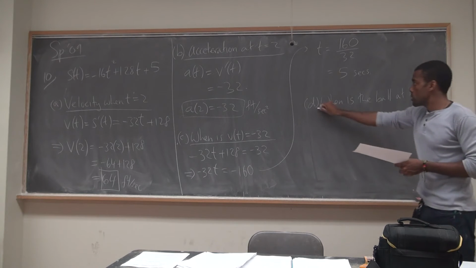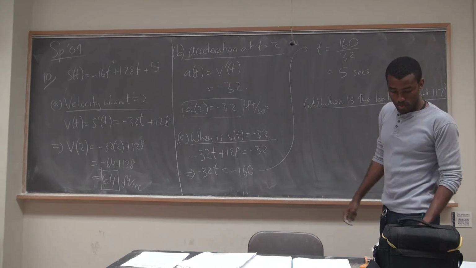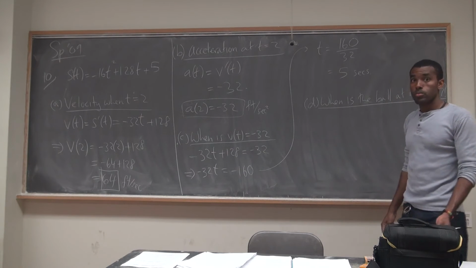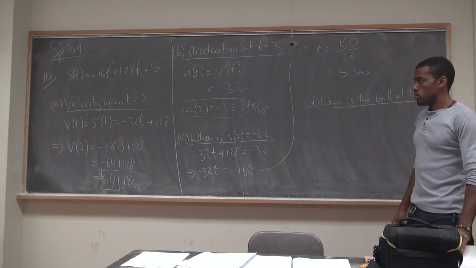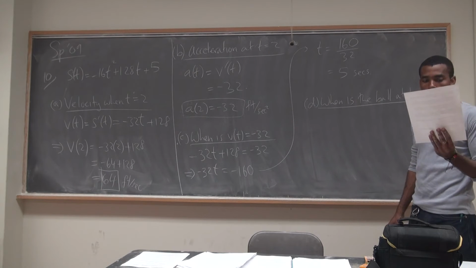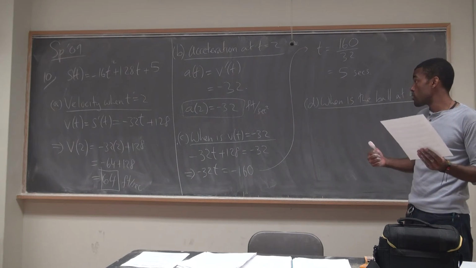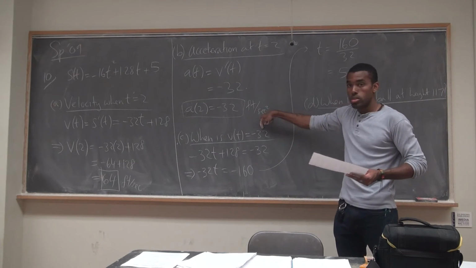Okay, what do we do here? I'm still kind of stuck on C. Oh, okay. So when they ask C, at what time is the velocity minus 32 feet per second, you're looking for a time first of all. And you want the time when the velocity is minus 32.